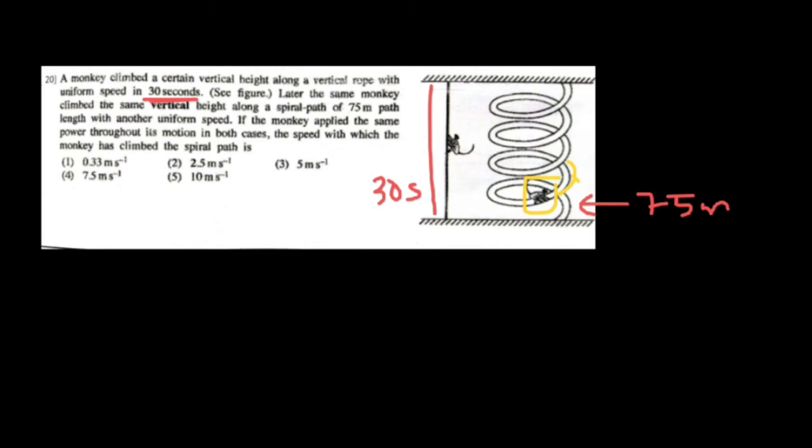Okay, now, in none of the places did they mention that this path has friction. So you have no other choice but to consider this path as frictionless. So there is no friction, so there is no work done against friction.